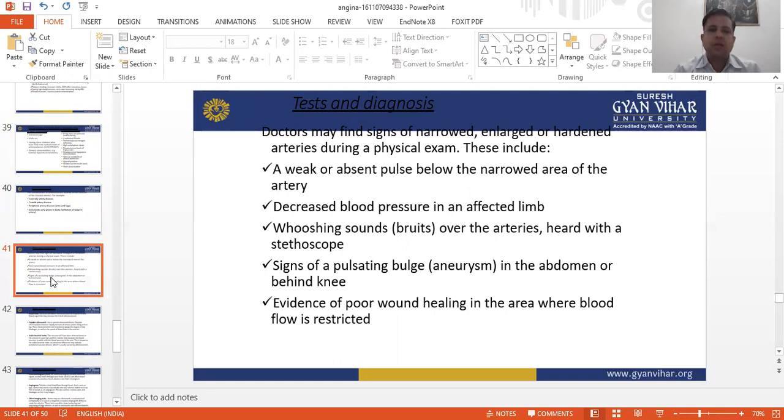These include a weak or absent pulse below the narrowed area of the artery, decreased blood pressure in the affected limb, a whooshing sound over the arteries heard with the stethoscope, signs of an aneurysm with a pulsating pulse in the abdomen or behind the knee, and evidence of poor wound healing in the area where blood flow is restricted.